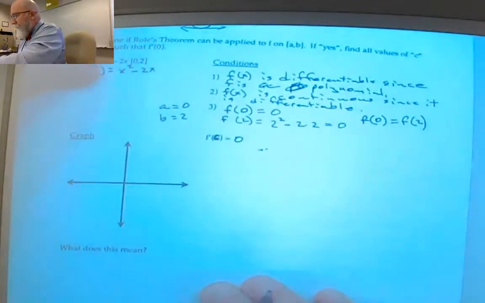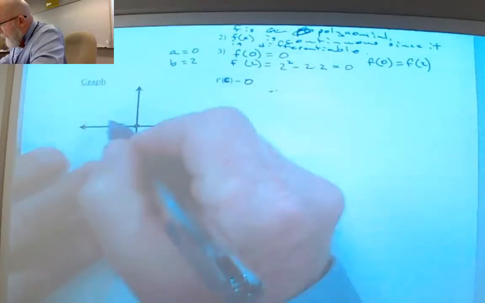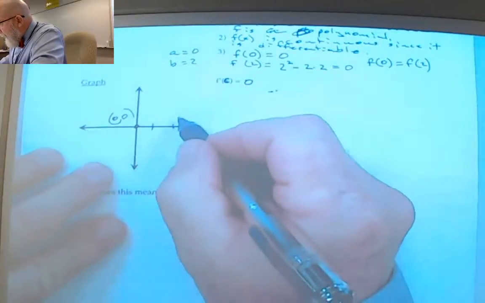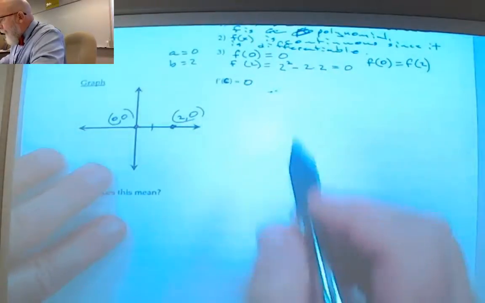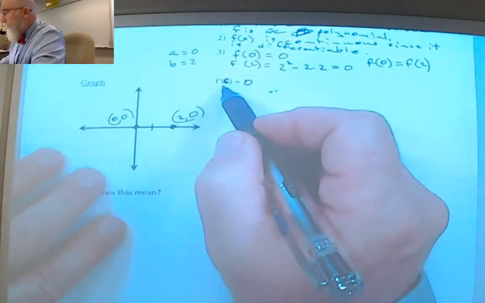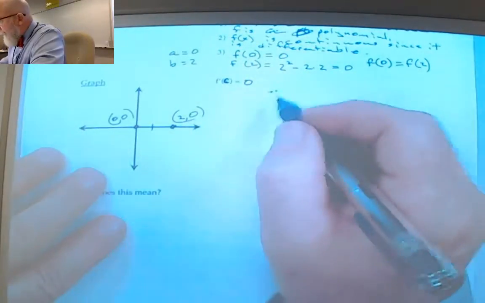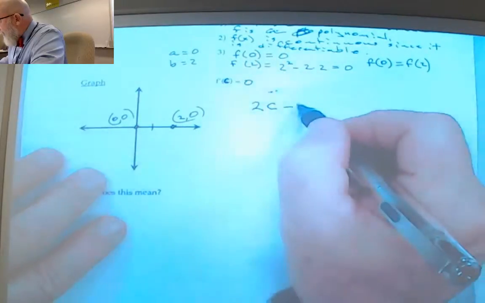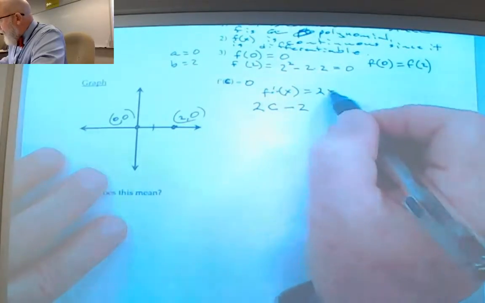Well, I'm going to plot this. Here's 0, comma 0. 1, 2. Here is 2, comma 0. How do I figure out where that c is? Take the derivative, so I get 2c minus 2, because f prime of x is equal to 2x minus 2, right?